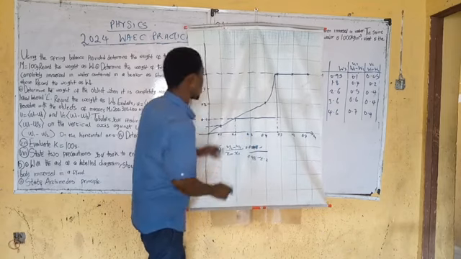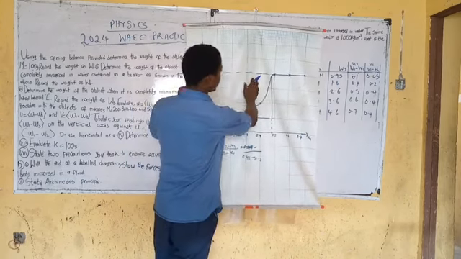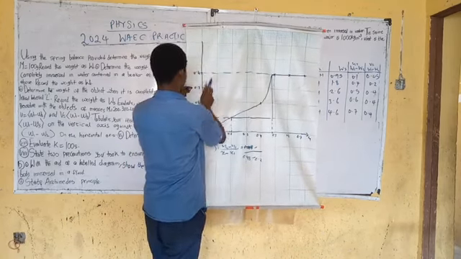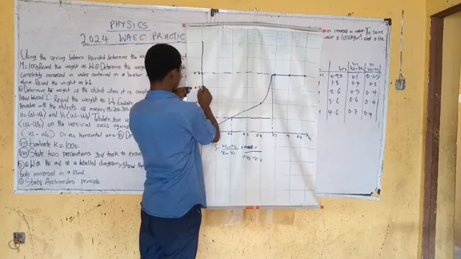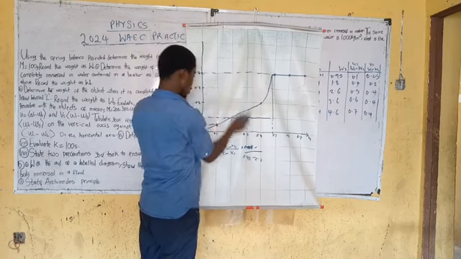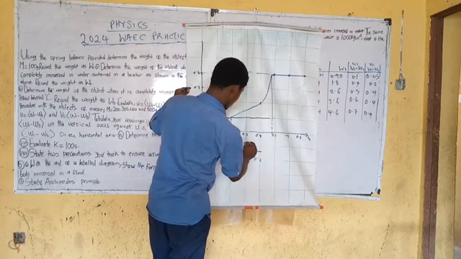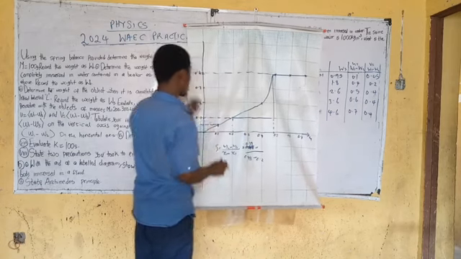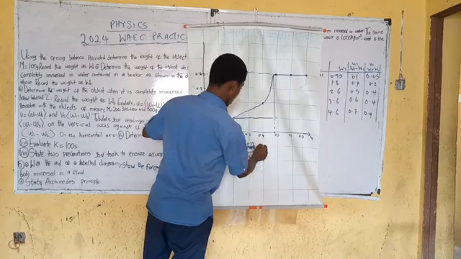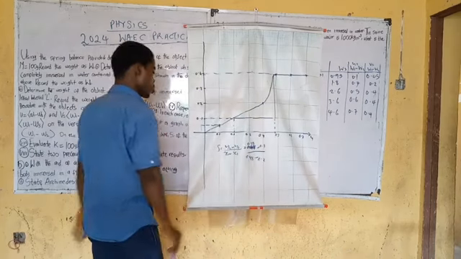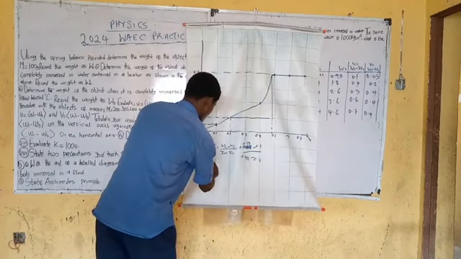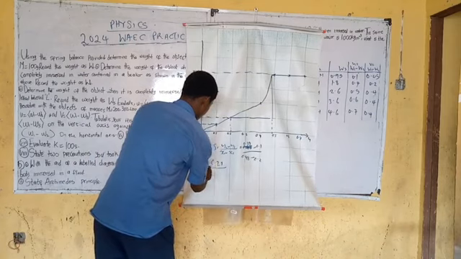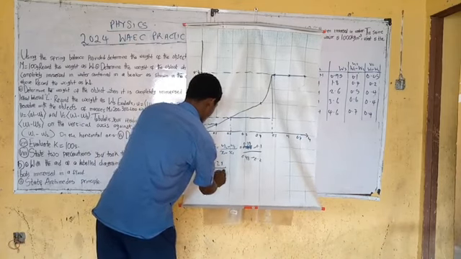Then we check for our y-axis here. That's somewhere here: 0.3, 0.31, 0.32. This is 0.39. 0.39 minus, then we check here 0.1. So 0.39 minus 0.1 is going to give you 0.29, divided by 0.28.